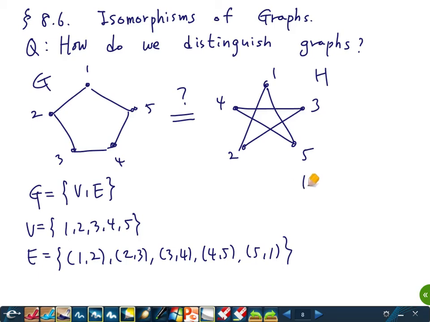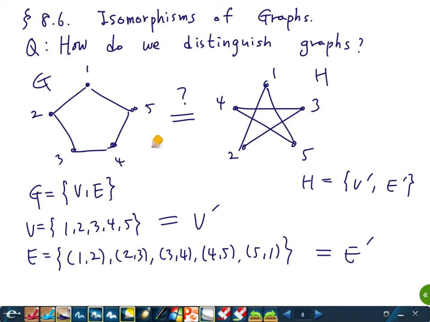What about H? V' and E'. You can see V' is exactly the same as this, 1, 2, 3, 4, 5. What about E'? 1, 2, 2, 3, 3, 4, etc. So in this case, they are really exactly the same graph, exactly the same set of vertices, exactly the same set of edges.